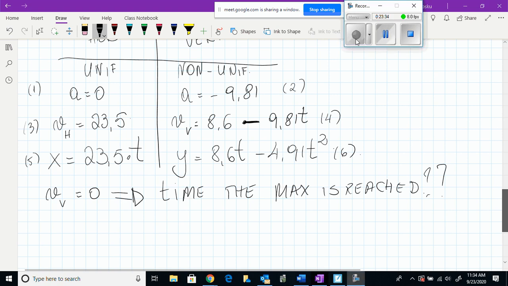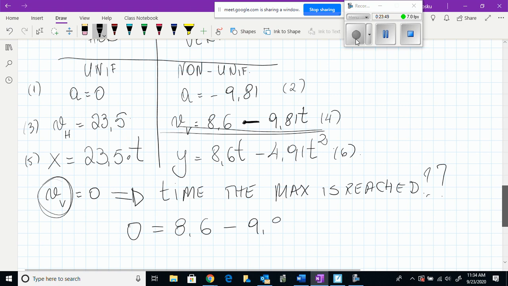Good. It is equation 4, because the relationship for the vertical velocity is given by equation 4. So then we will go 0 is equal to 8.6 minus 9.81 t, and this is the time that the maximum is reached.